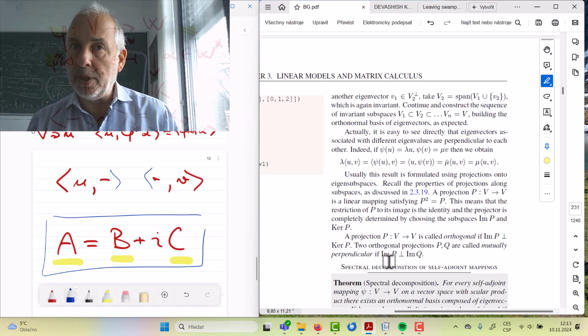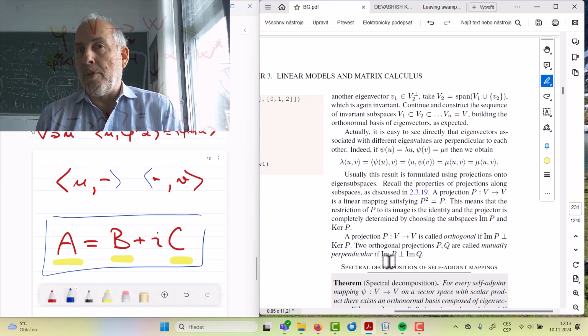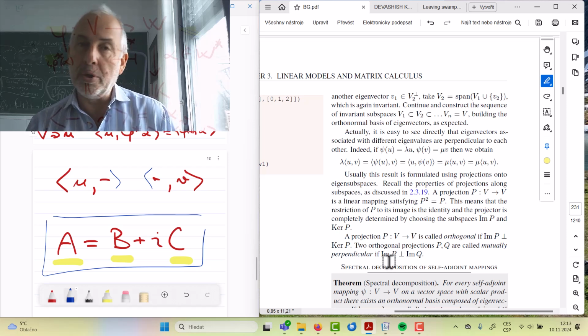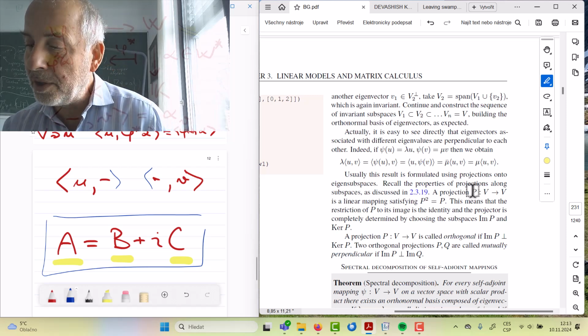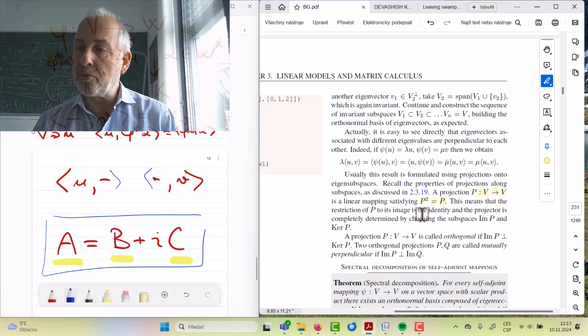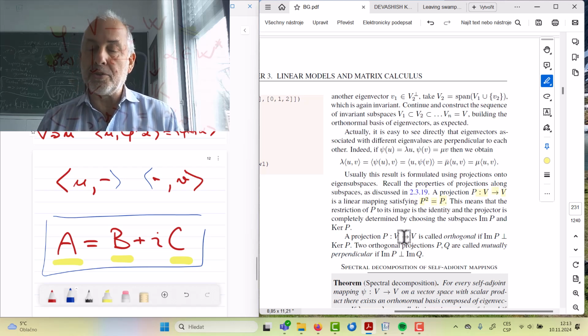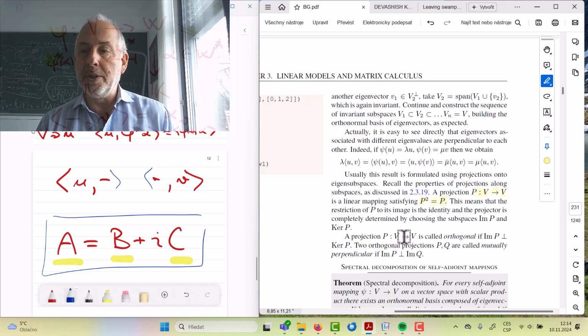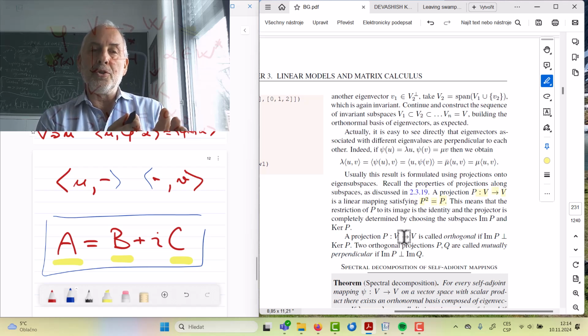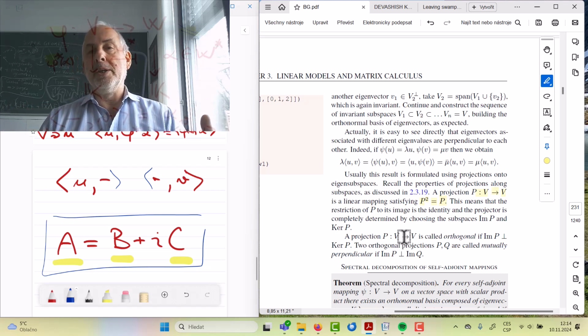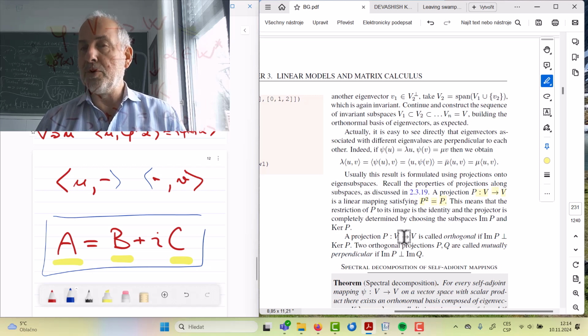And so we come to the final conclusion, which is now at a level of observation only. The only thing we have to take care of is now to remind you the concept of the projection, right? A projection means a linear map which is idempotent. We talked about that already. So P squared is the same as P. So this means that the restriction of P to its image is identity, and actually choosing the image and the kernel is automatically prescribing the projection uniquely, right?